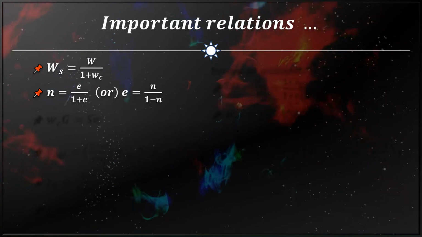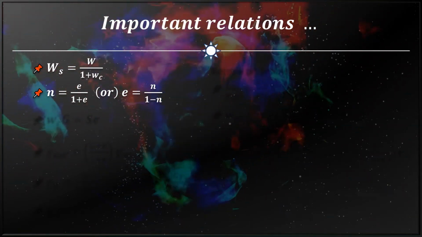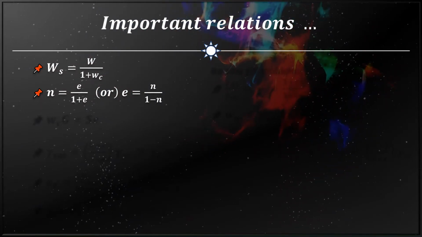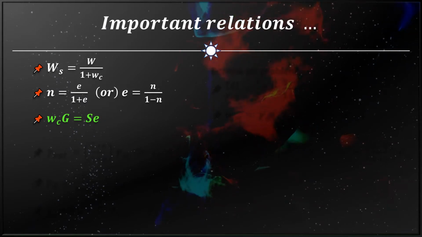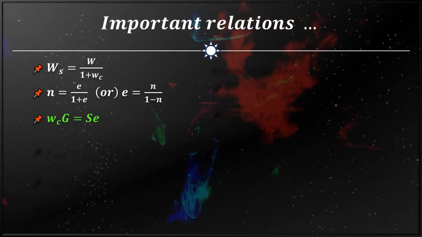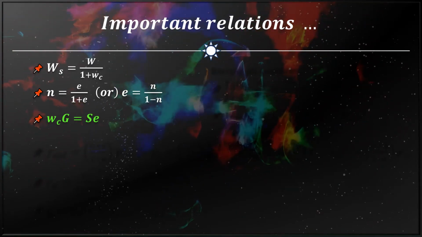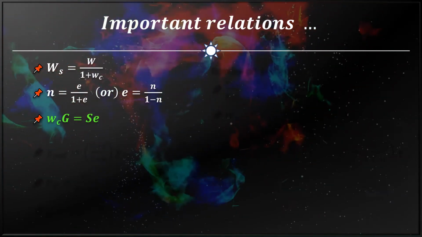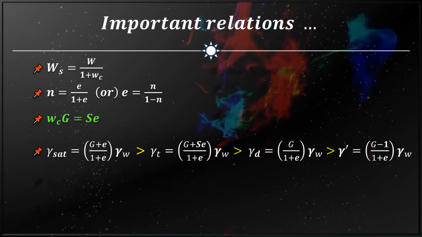And the relation between porosity and void ratio is given by n is equal to e by 1 plus e, or e is equal to n by 1 minus n. And w G equal to S e. This is a basic and important relation in the properties, where S is the degree of saturation, e is the void ratio, G is the specific gravity, and w, suffix c, is the water content.